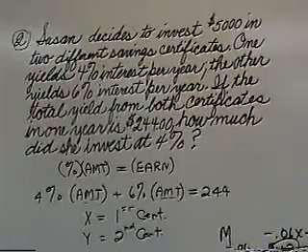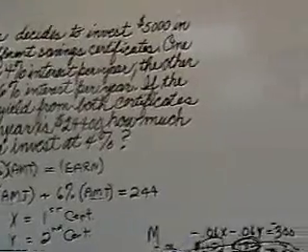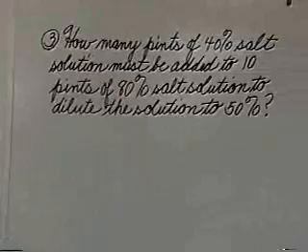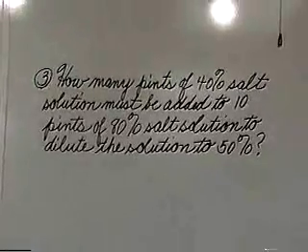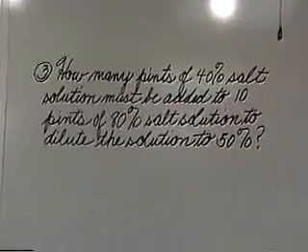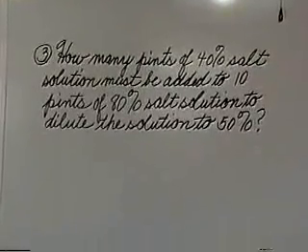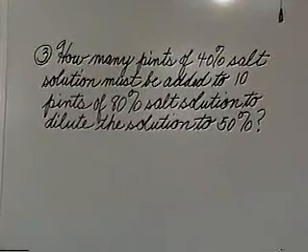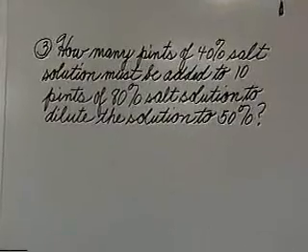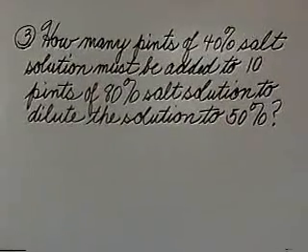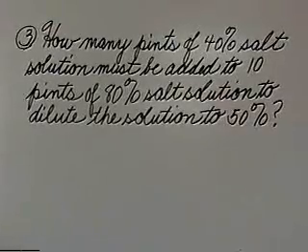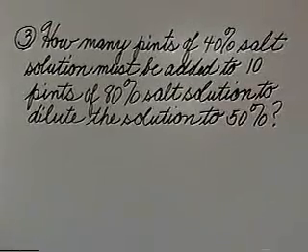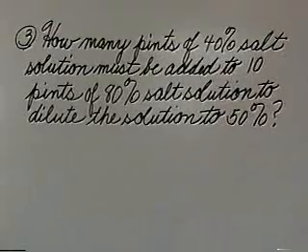Now let's look at the next example, problem 3, and see how similar it is to the same type of thing. Problem number 3. This is what is called solution problems. It says, how many pints of 40% salt solution must be added to 10 pints of 80% salt solution to dilute the solution to 50%?